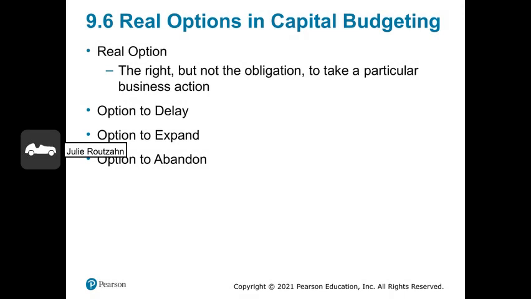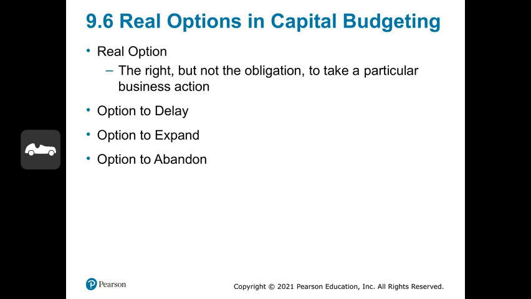So finally, we have some options in capital budgeting that we may want to take into consideration. There are no problems, but you do need to know that they exist. So a real option is the right, but not the obligation, to take a particular business action. If you have the option to delay, you can time a particular investment based on current market conditions.